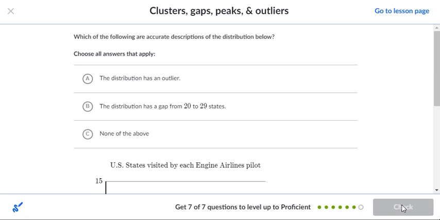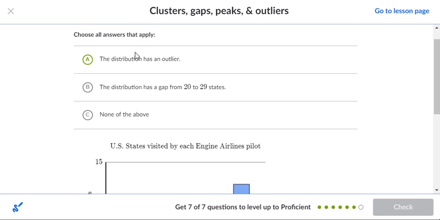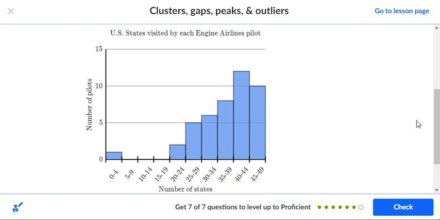Which of the following are accurate descriptions of the distribution below? The distribution has an outlier. Yes, because you see that the 0 to 4 sits by itself and then it jumps up to 15 to 19 and goes way up to 49. So I would consider this to be an outlier at 0 to 4. The distribution has a gap from 20 to 29.